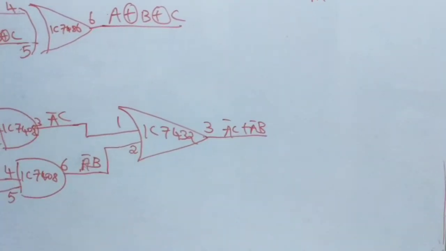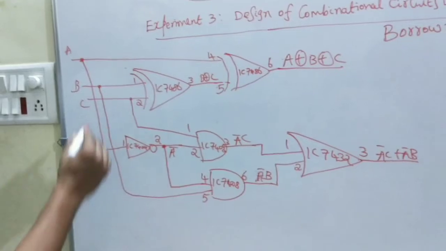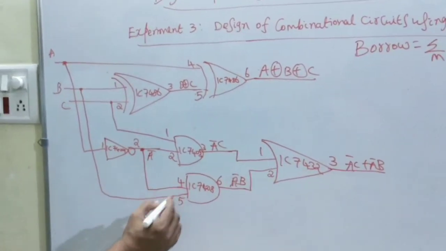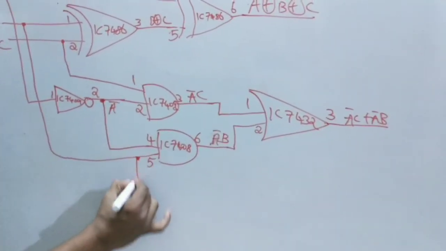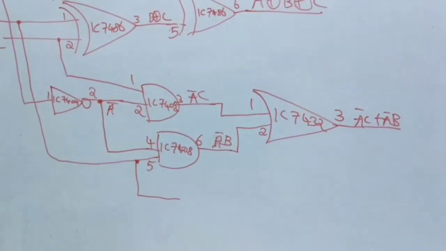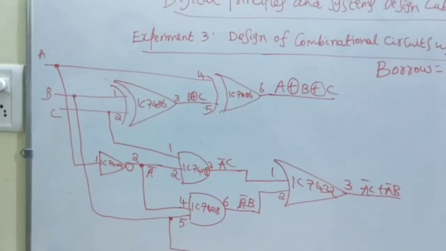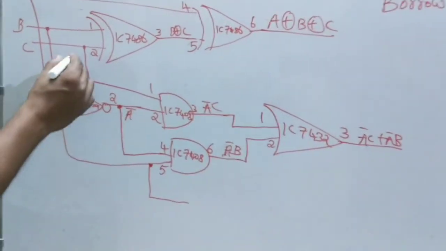One more product term, BC, we need to form, right? B, I think BA we have taken, we can take it from pin number 5 of IC 7408, okay? C, did we use it? C we have used, yes, A dash C we have used. A dash C, yeah.